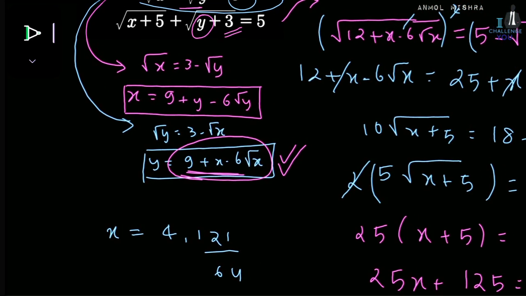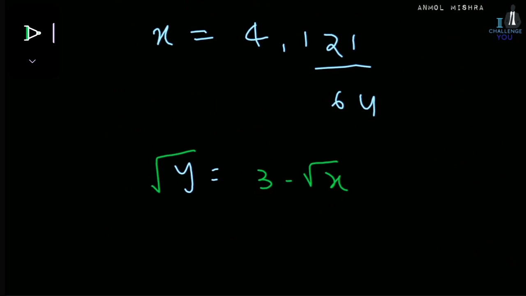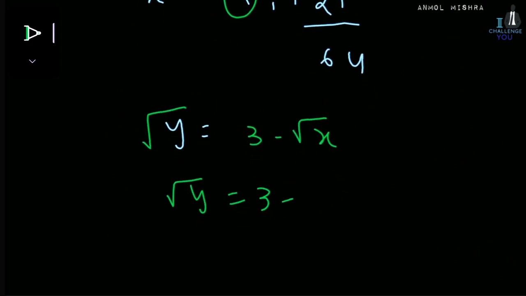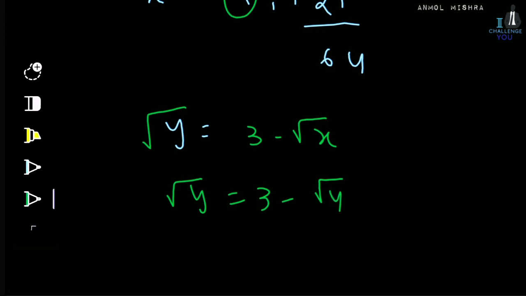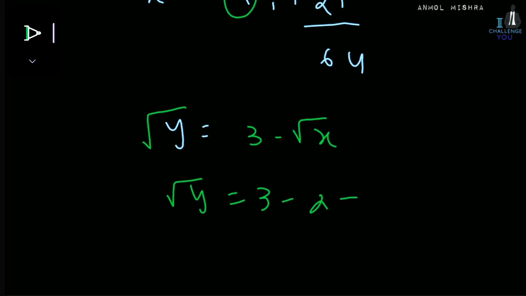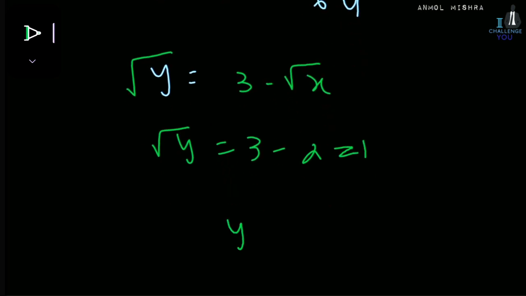Putting 4, the square root of 4 is 2, so 3 minus 2 equals 1. So square root of y is 1, which means y is 1.